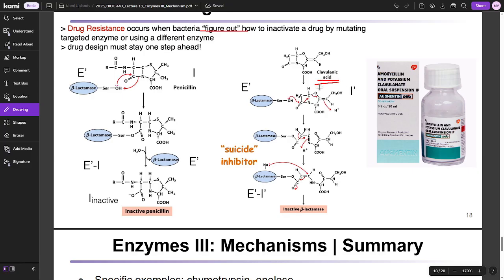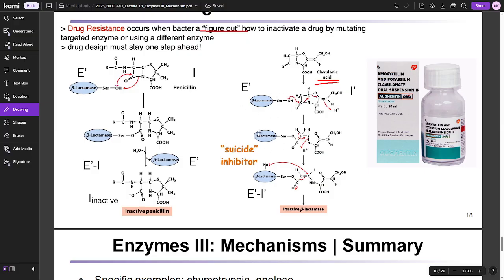clavulanic acid in this case, right? And this version is a little bit different, but it's the same idea. It's just that these slight mutations in the enzyme from the bacteria force us to change the drugs a little bit to actually get things to work.